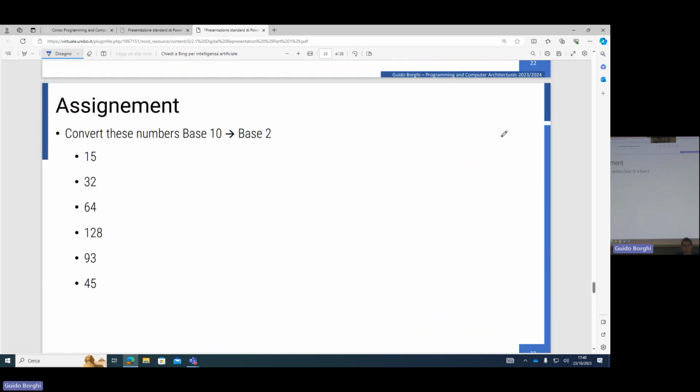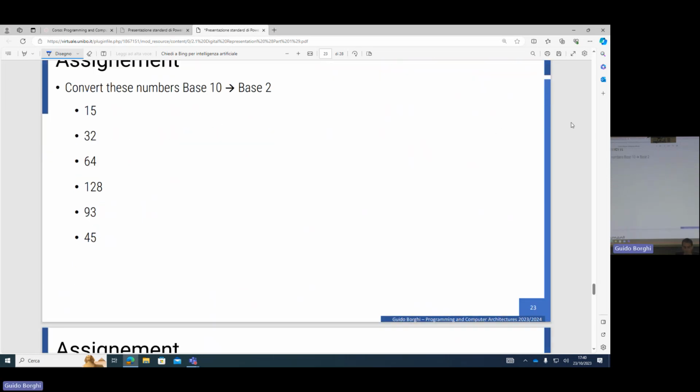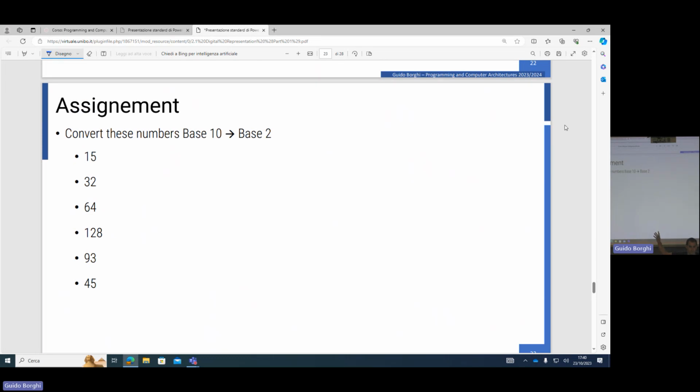Also, in this case, we can do a very little assignment. Maybe we can do only the first two numbers, okay? And I give you 3-4 minutes to do that, okay? So you can write here in the blank part the table, so you can start with 15, and then you can draw the table. Divide by 2 is 7, and then 1, okay? Try with the first two, 15 and 32.